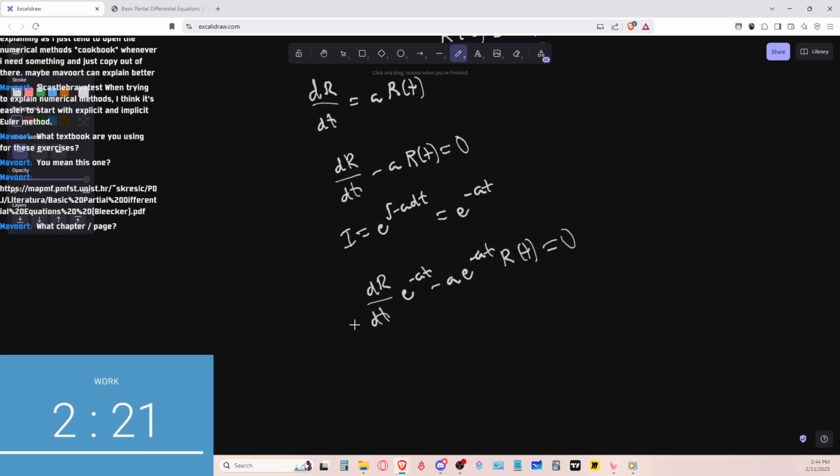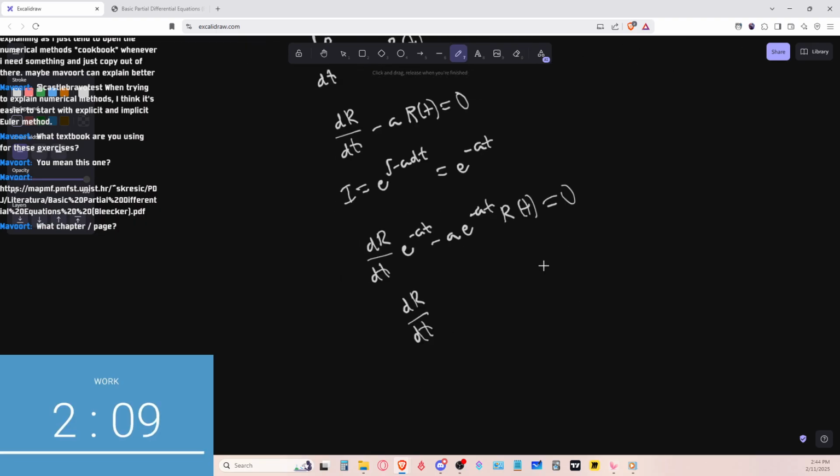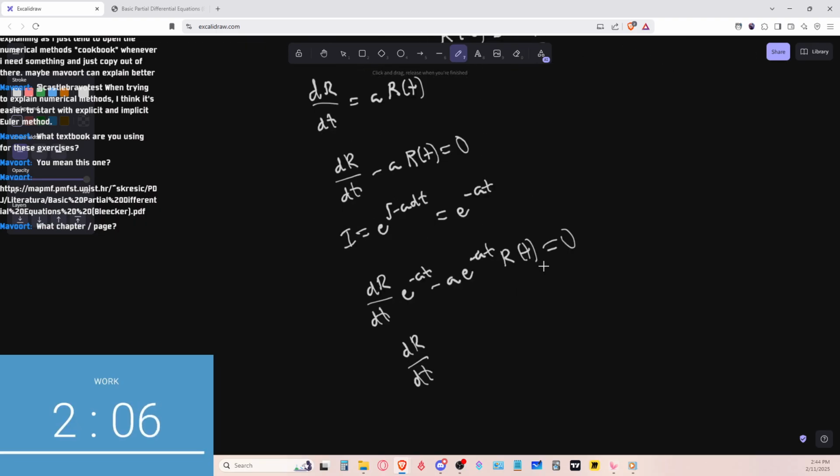I think this is going to work better. So then we're given R of t. So yeah, we integrate both sides.